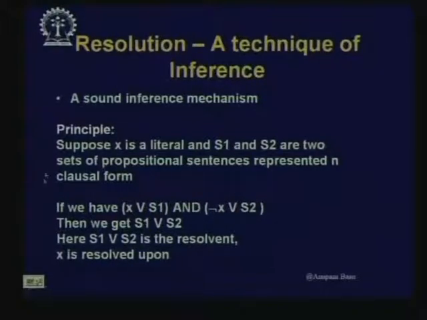Here the basic principle is that suppose X is a literal and S1 and S2 are two sets of propositional sentences. Right now, we are not discussing predicate logic cases. We are restricting ourselves to propositional logic cases. And what is the basic difference between propositional logic and predicate logic, as we have seen?